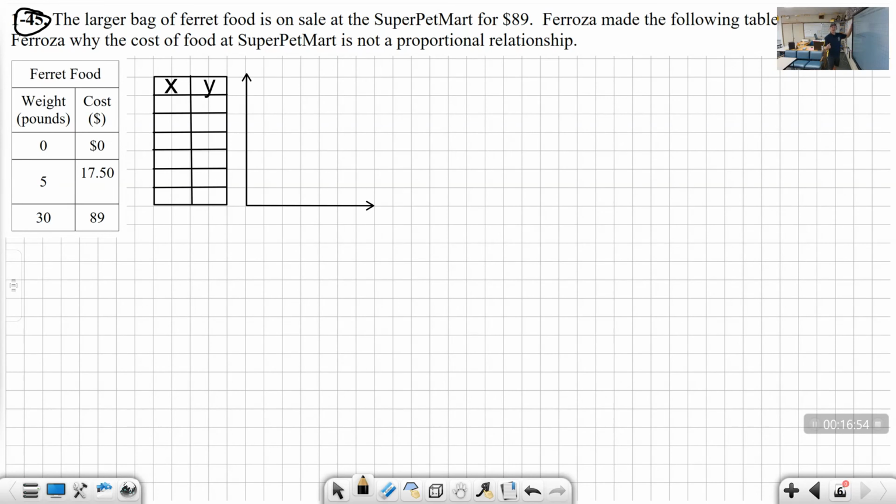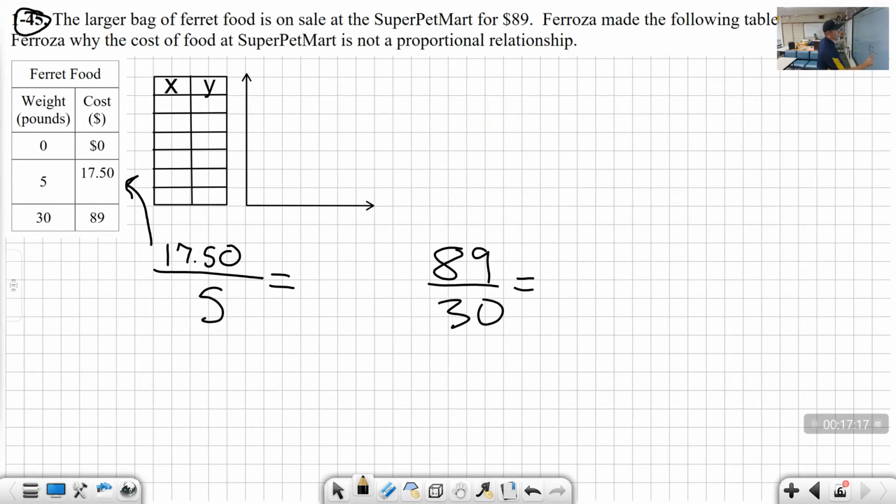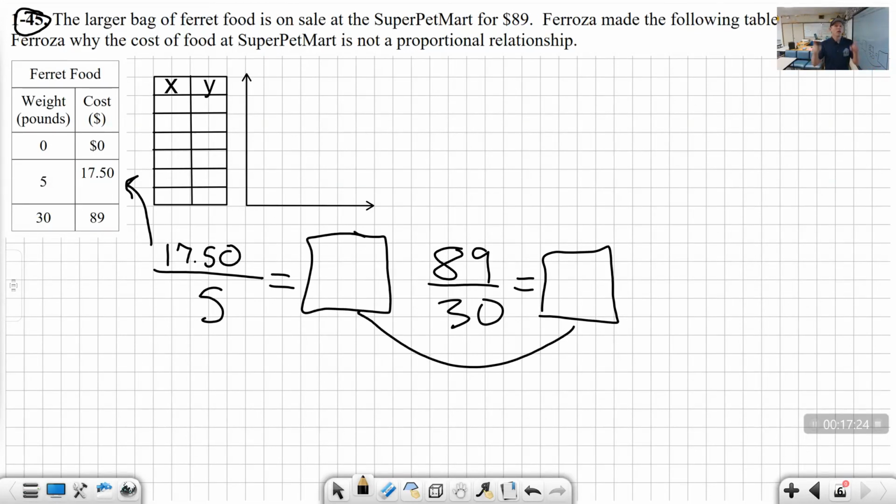So I want you to get your calculator, and I want you to do a couple things. I want you to go ahead and take 1750, and I want you to divide it by 5. That's the unit rate here. Then I want you to take the unit rate 89 from here and compare these two answers.